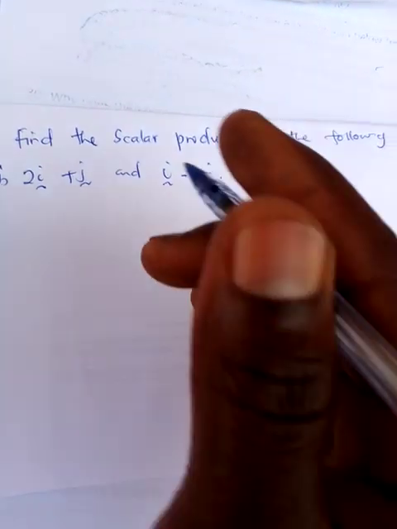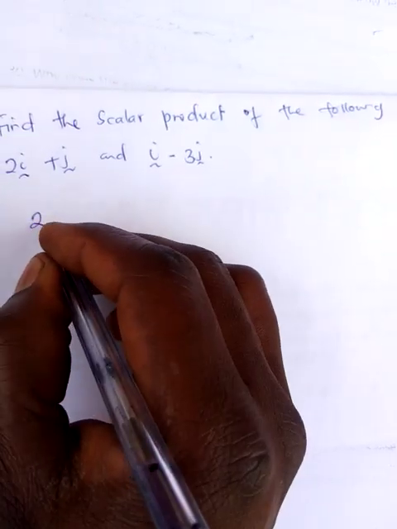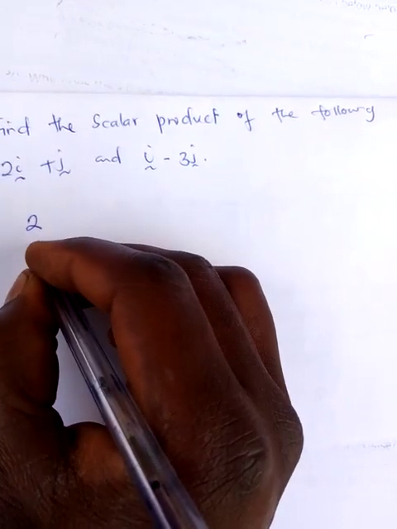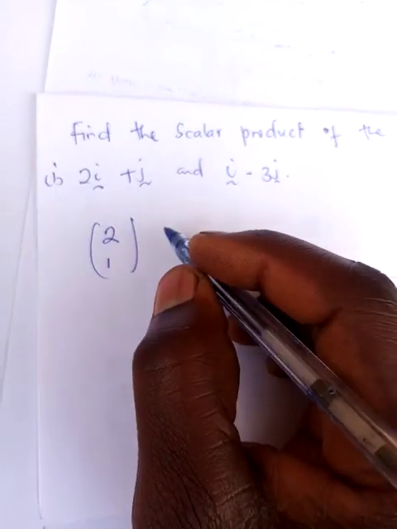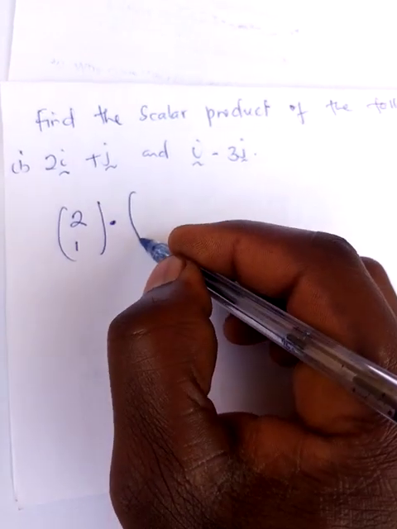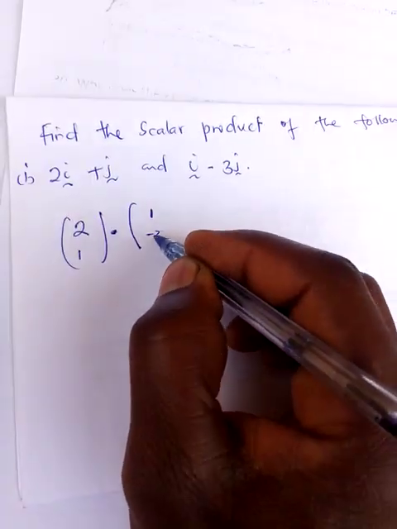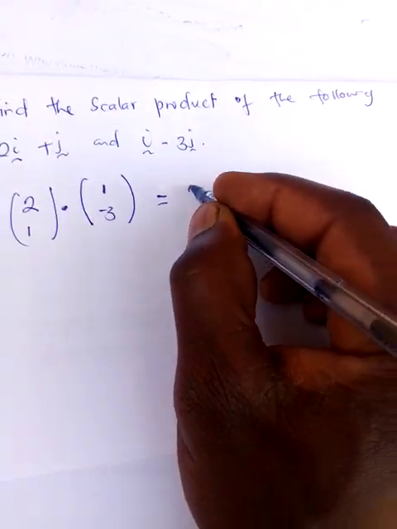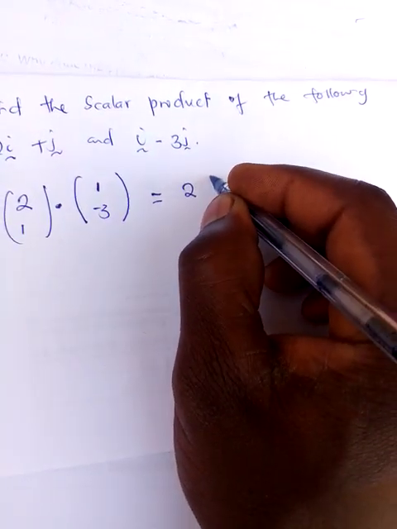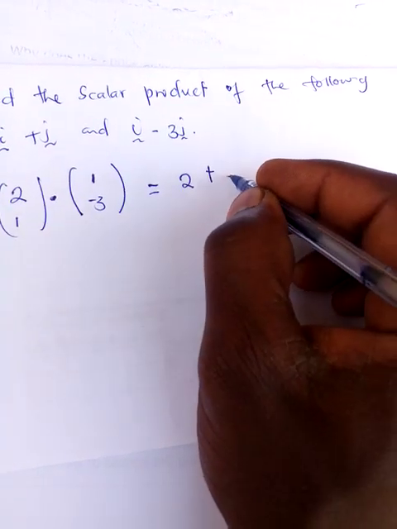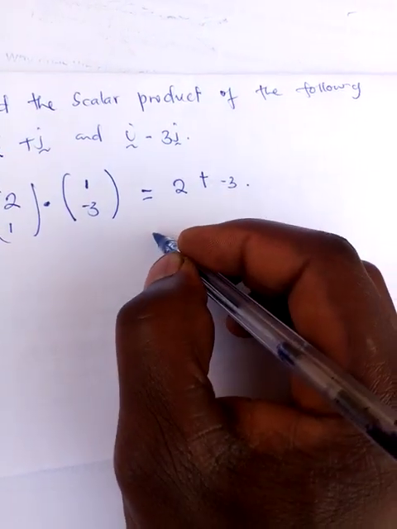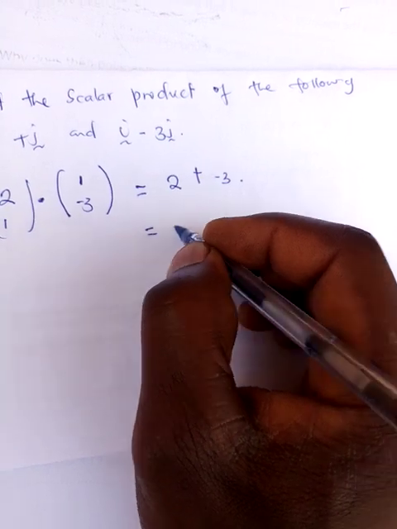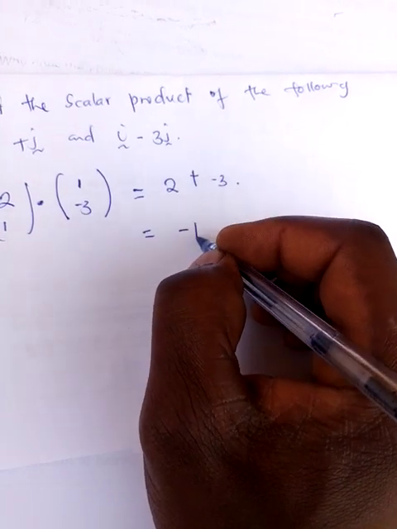This one means you will say (2, 1) dot (1, -3), and this one will give you 2 plus negative 3, and the answer will be negative 1.